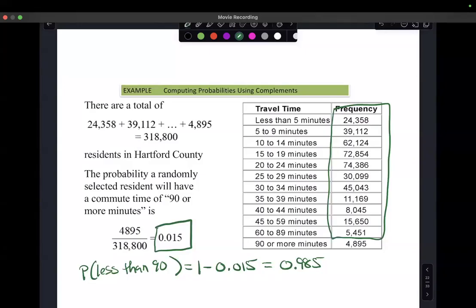That would be a lot of work. Using that complement rule just makes sense there. And we're going to put the complement rule in your pocket for right now. I'm going to bring it back out at the very end of the lesson. This is a good place to start it, but it's going to become really important at the end of the lesson. So go ahead and put it in your pocket, and I'm going to bring it back out later.